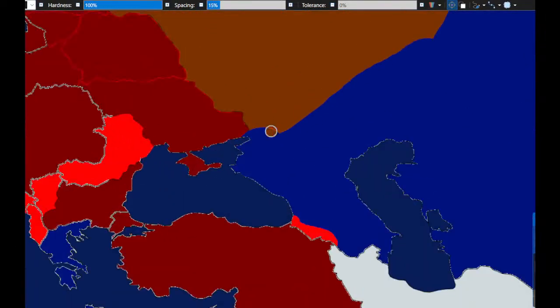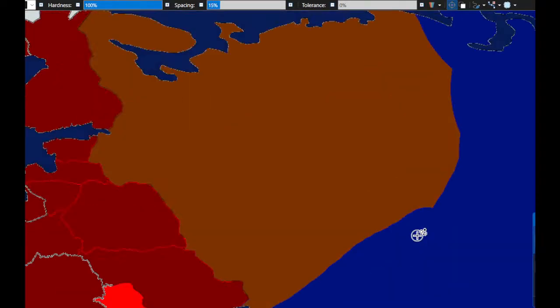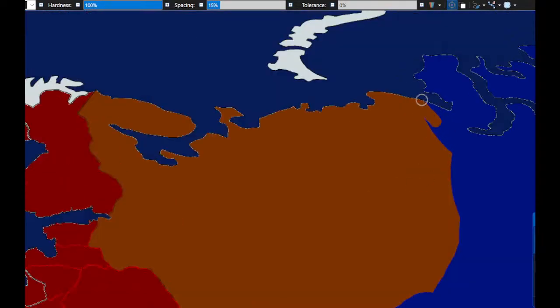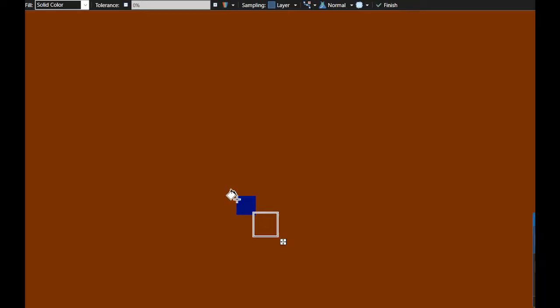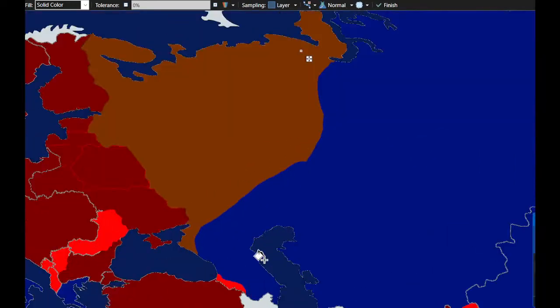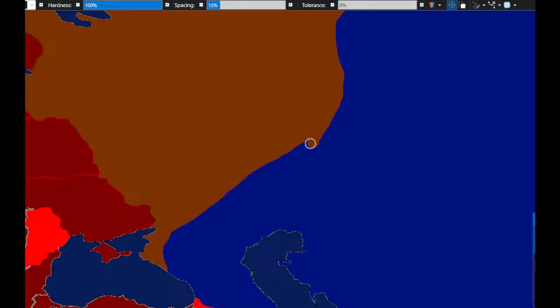So, yeah, the Soviets are gonna make a bit of gains. The Soviets begin to make gains here and there. No one really cares about up here, so of course it's gonna fall. I might also make some gains in Central Asia.